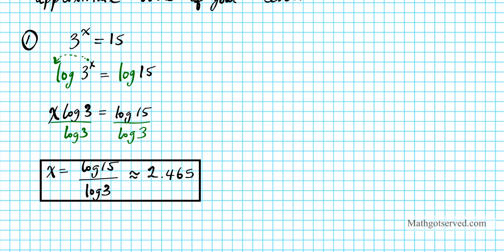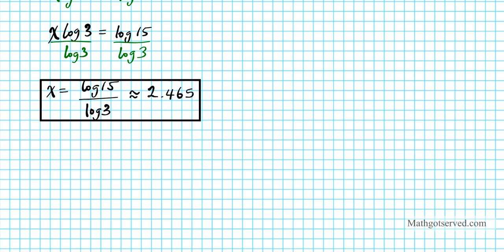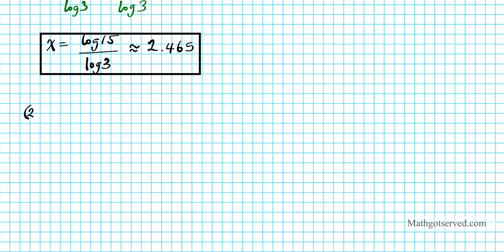So for question 2, we have the log equation 6 to the x plus 2 equals 5.3. Currently the bases are different here, so we're going to use common log to solve it. So we're going to take the common log of both sides.